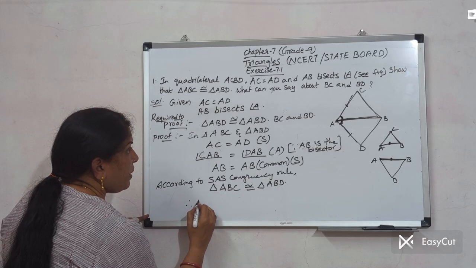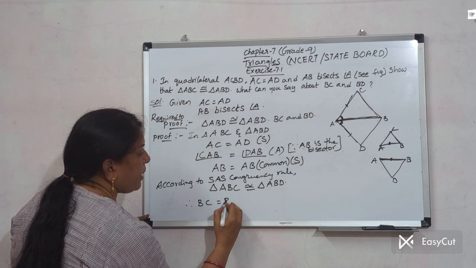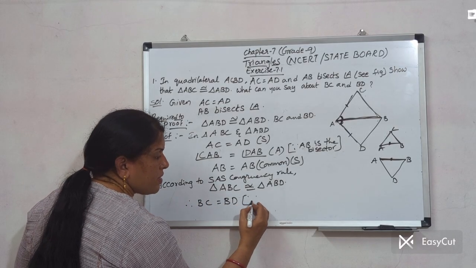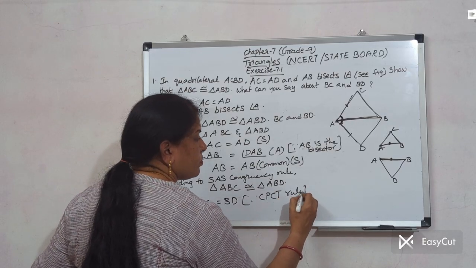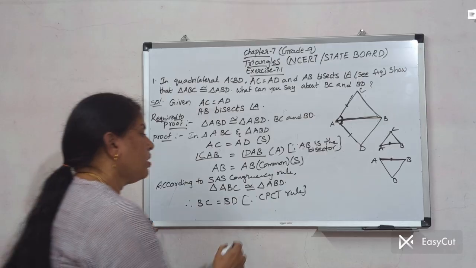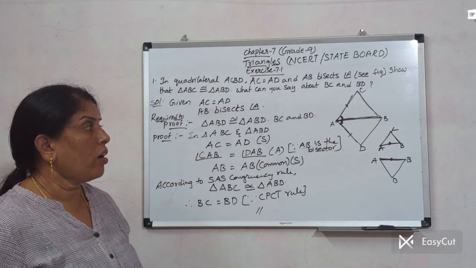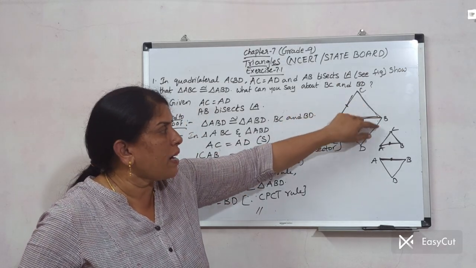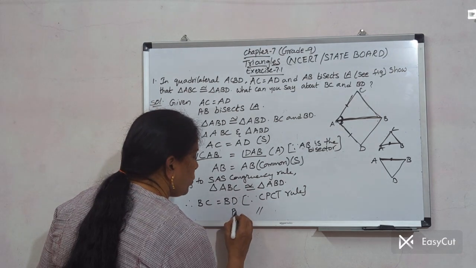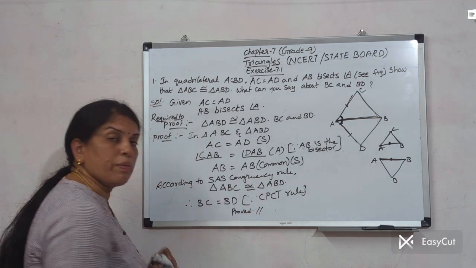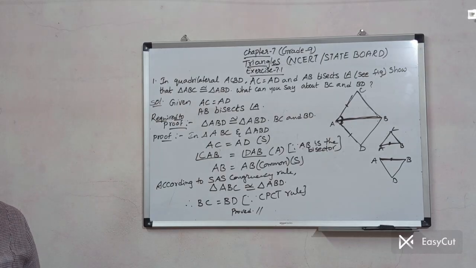Therefore, BC is equal to BD. Why? By the CPCT rule. All of you understood? Did we prove that one? Proved. Like this we must prove. We will go to the next question.